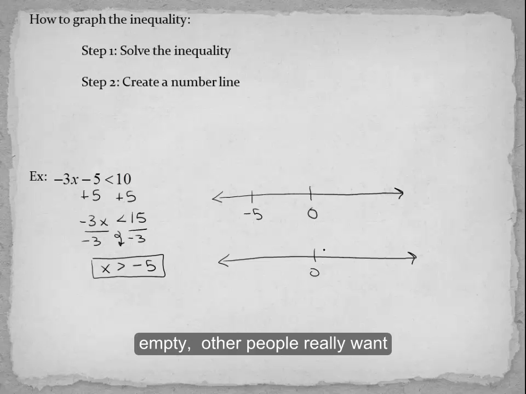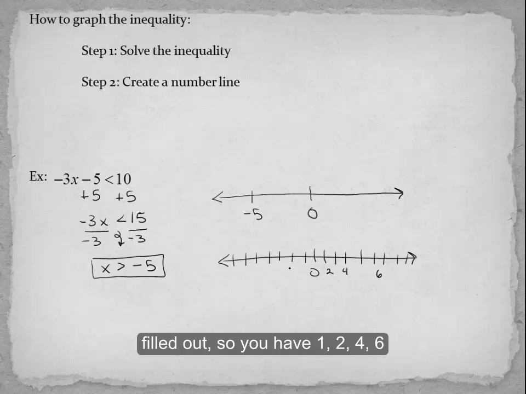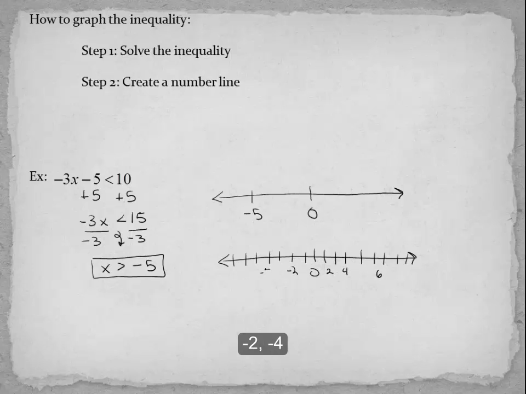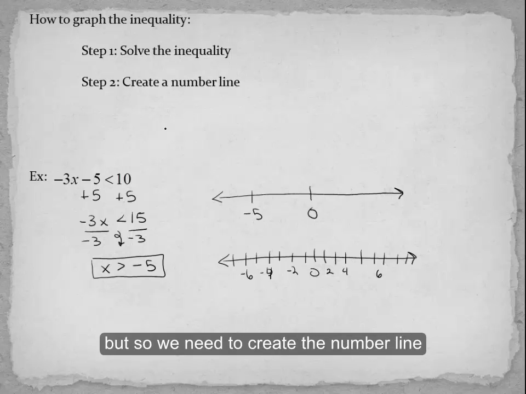Other people really want those numbers filled out. So you have 1, 2, 4, 6, negative 2, negative 4, negative 6, etc. It just depends. But so we need to create the number line.